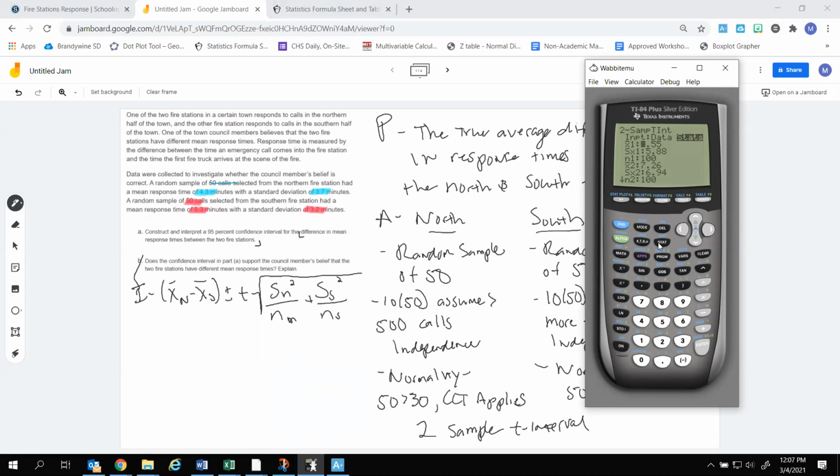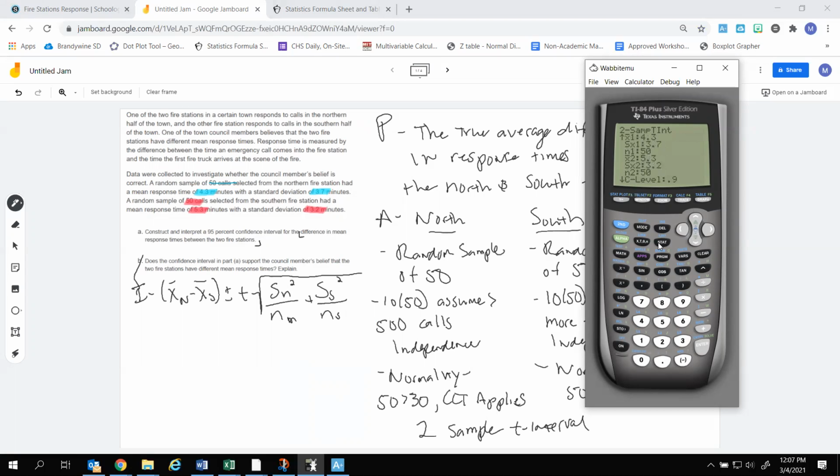The north is 4.3, standard deviation of 3.7, sample size 50. For the south, 5.3, standard deviation of 3.2, sample size 50. I'm sorry, not 100, 50 is the sample size.